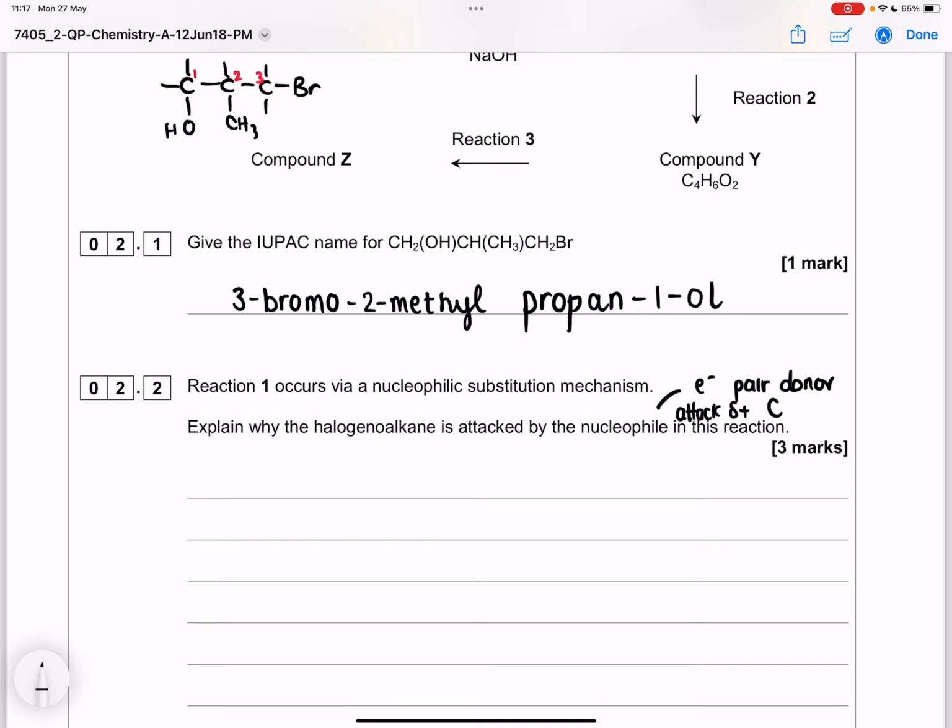So why is there a delta plus carbon in a halogenoalkane? Well, in this one, Br is more electronegative than carbon, creating a polar bond.